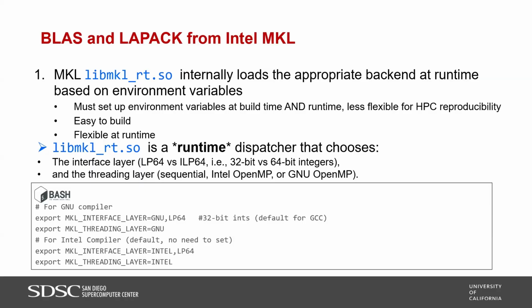So that means at R runtime, you just need to set up the MKL interface and threading layers, like the examples below. Once you give the values to those two environment variables to set up the layers, then your R will get those values and can run some functions in parallel properly.